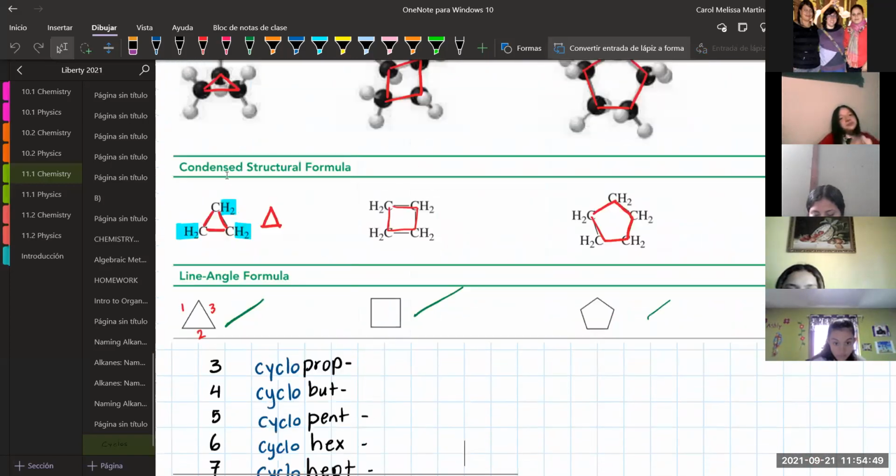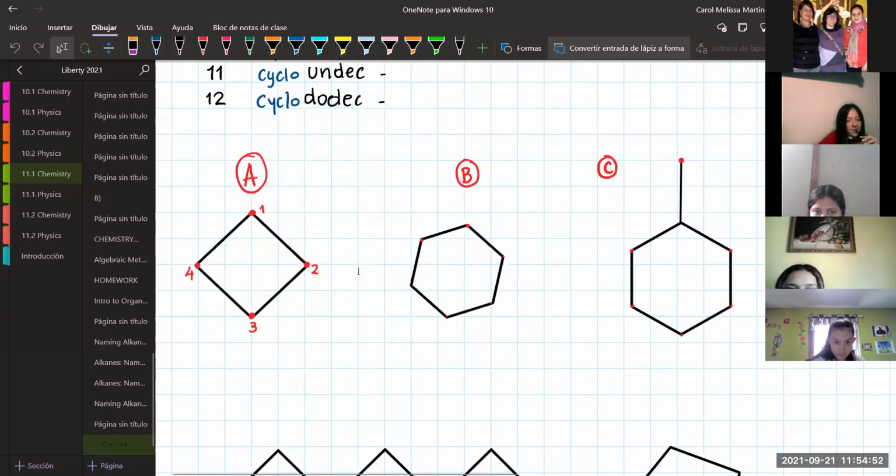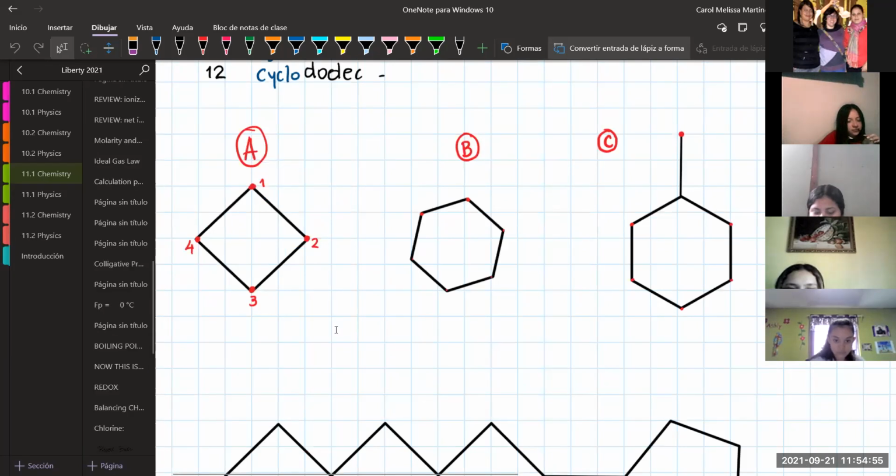Now, following these rules, let's start by naming the first example. In the first example, remember, every corner is going to indicate a carbon. So in total, you have 1, 2, 3, 4 carbons. Because it is a geometric figure, a cyclic figure, you're going to call it by the name cyclo. Cyclo what?